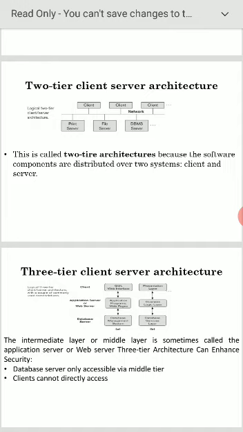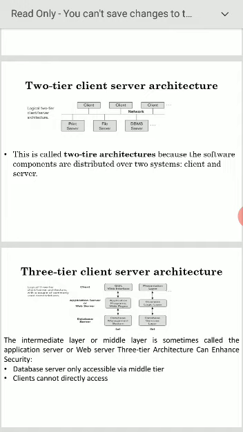three-tier architecture. The intermediate layer or middle layer is sometimes called the application server or web server. Three-tier architecture can enhance security. First one, database server is only accessed via the middle layer.